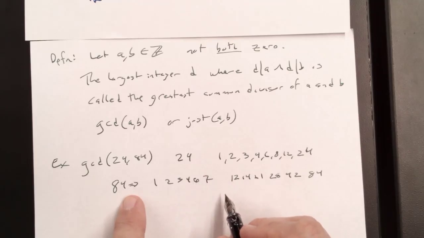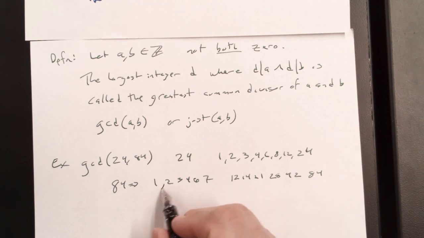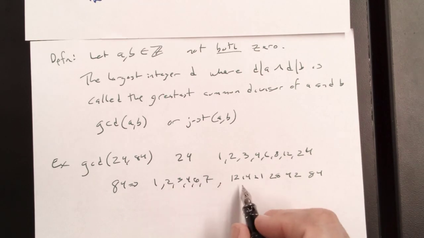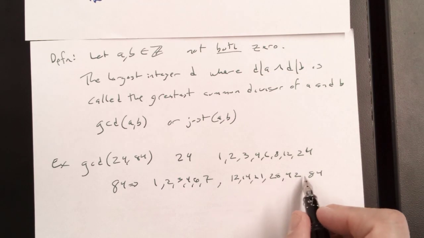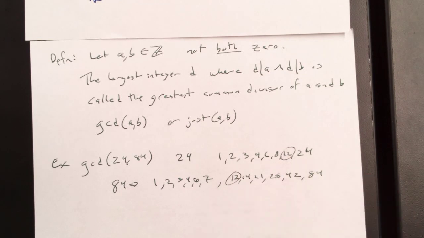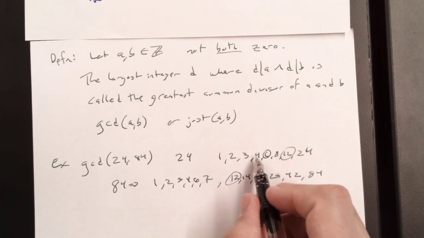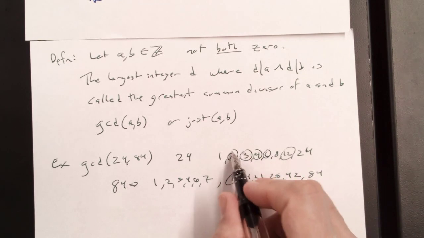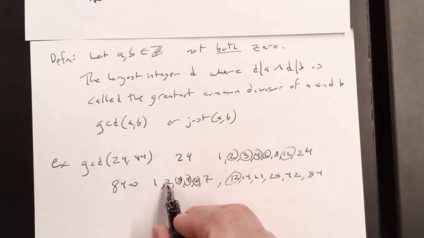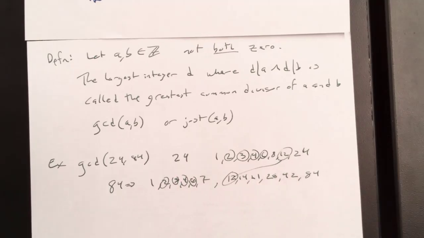Anything else? Well, the only other option would be 8, right? Because at that point we'd reach the square root, and if there's a factor larger than the square root, there's got to be a factor smaller than the square root. So there we go. And then I say, oh, look. The largest number that appears on both lists is 12. There are a bunch of other numbers that appear on both lists, but the biggest one is 12.